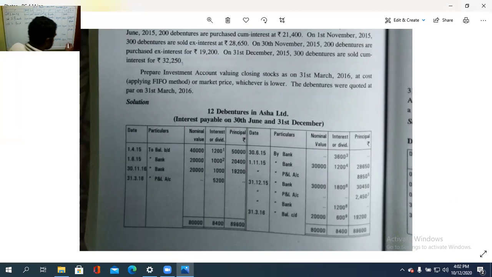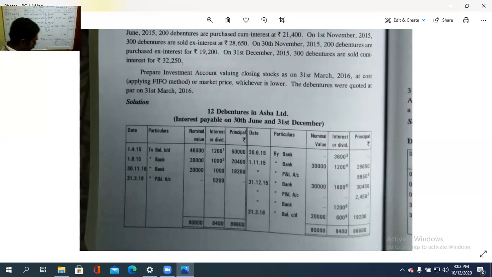So it is 89,600, the last total. 80,000 and 3,600, 1,200, 1,800, 1,200, 600 here, and this is only 3,200. So the difference is 5,200. That is to P&L account. So how much is the total? Here 80,000, then 84,600, and this total is 8,400.